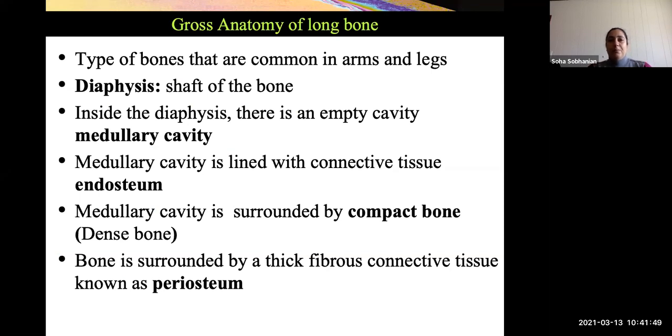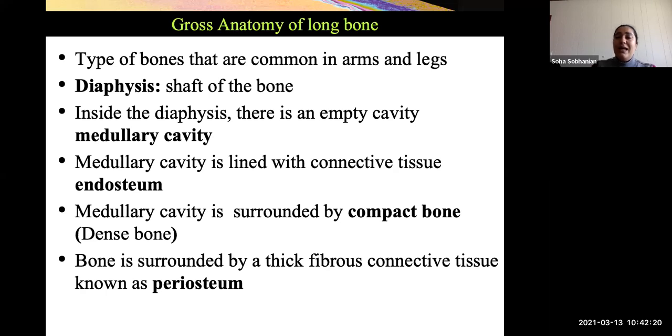Okay, so we looked at the bones in the body based on their shape. We said the most common type of bones we have based on shape is the long bones, right? Basically the bones of your arms, your legs, your phalanges, etc. When we're talking about the structure or gross anatomy of the bone, we usually start by looking at the structure of the long bone.